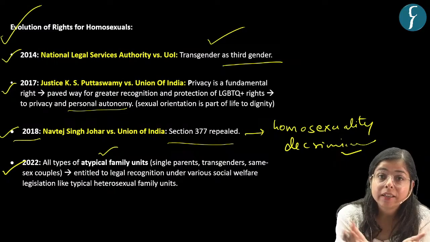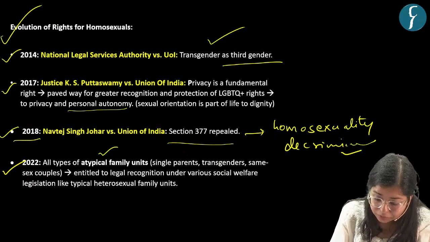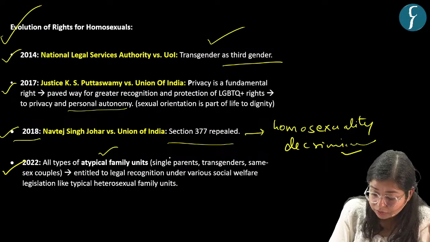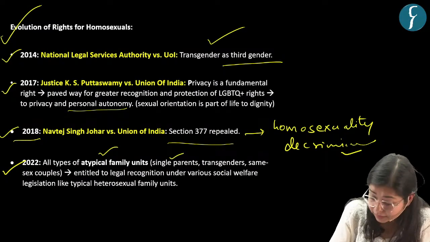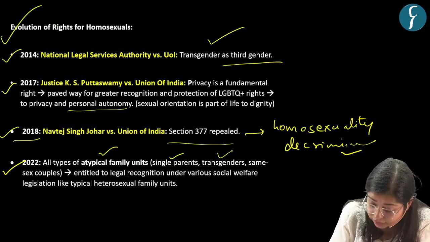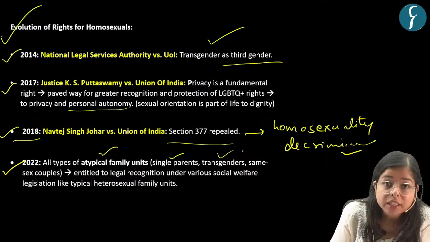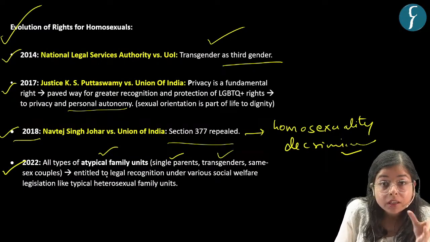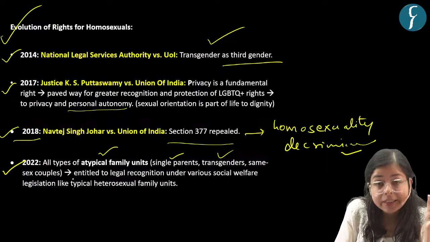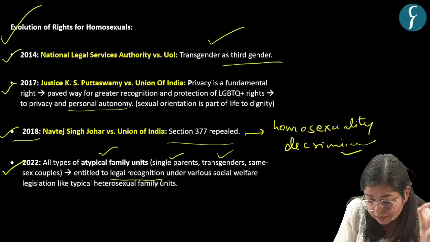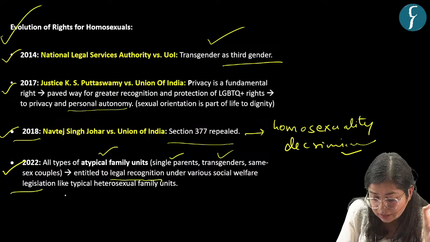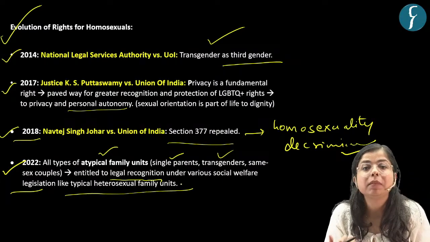These are family units which can consist of single parents, transgenders, or same gender couples. And the Supreme Court said that all types of atypical family units are entitled to legal recognition under various social welfare legislation, like typical heterosexual family units.